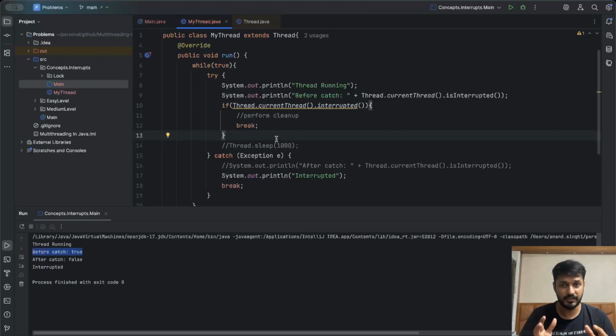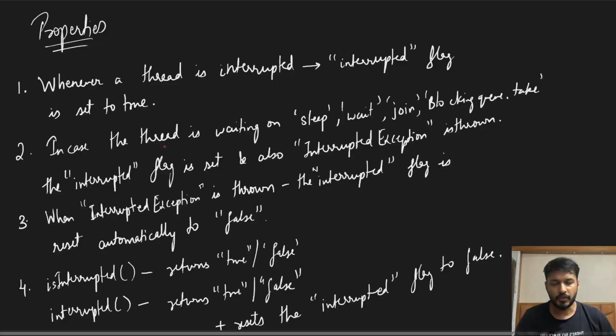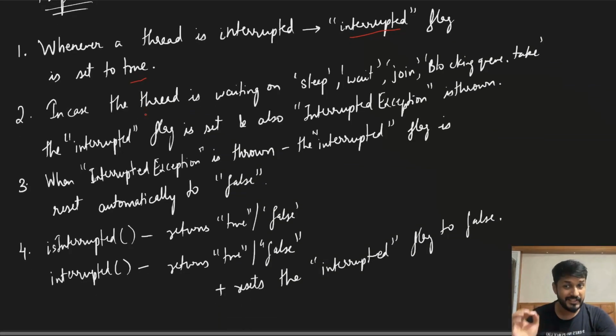I know this was too much to grasp at one go. So let's summarize it. What have we learned till now? Based on the discussion we had, these are the properties of interrupts. First, whenever a thread is interrupted, the interrupted flag is set to true. We saw it just now, right? Now in case the thread is waiting on sleep, wait, join or blockingQueue.take, the interrupted flag is set and also InterruptedException is thrown, right?